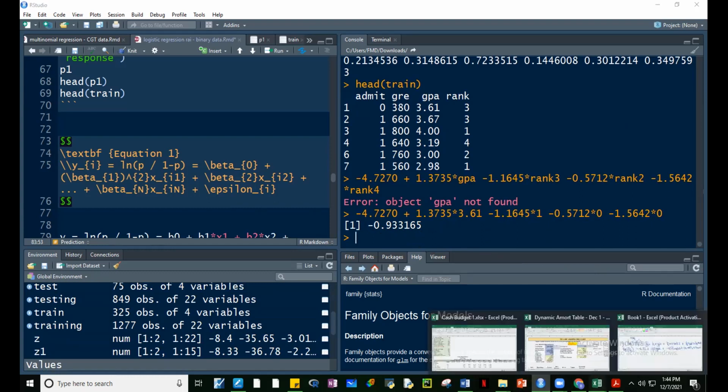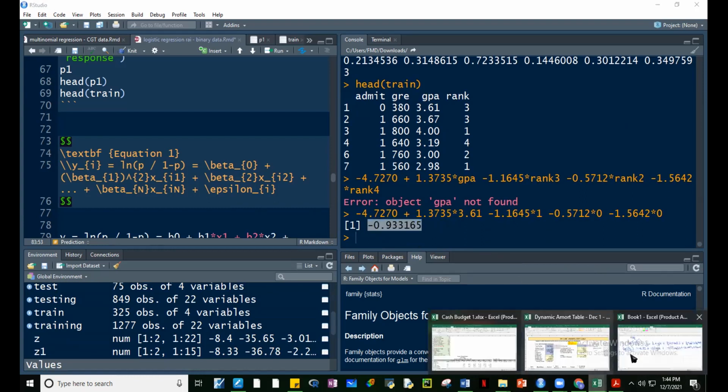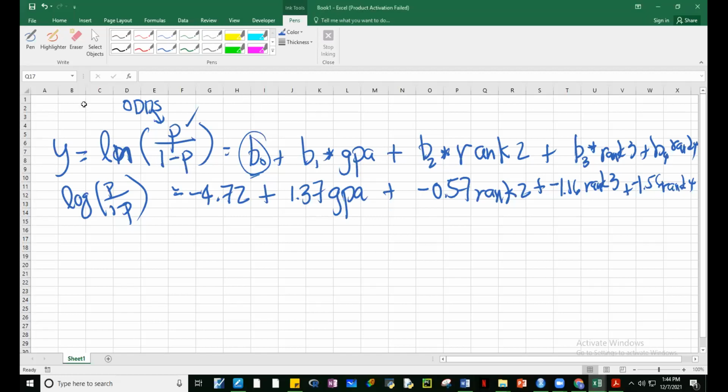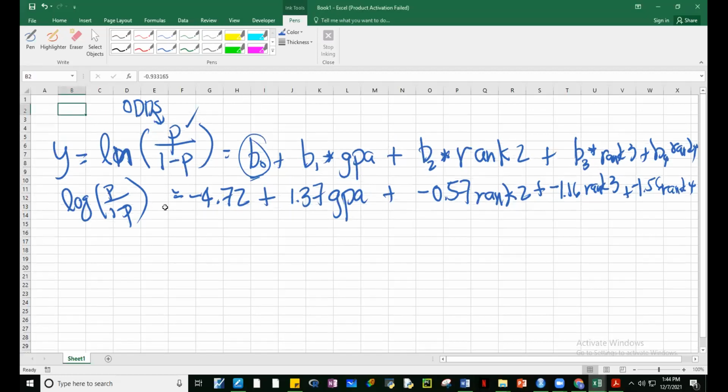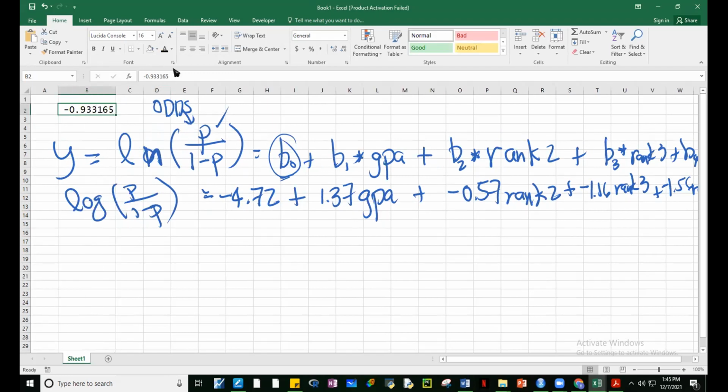So let me go back to this. Copy ko lang to. Control C. Okay. And then let me go back to my Excel. Ito yan. Okay, so that's your 0.993165, no?